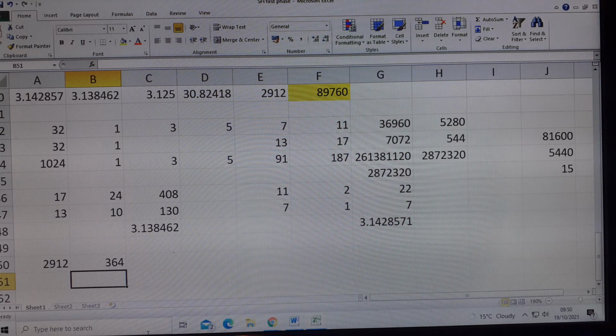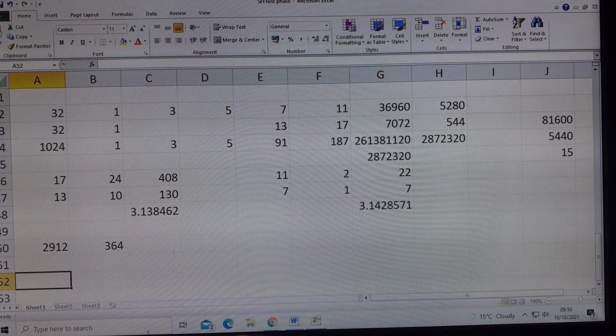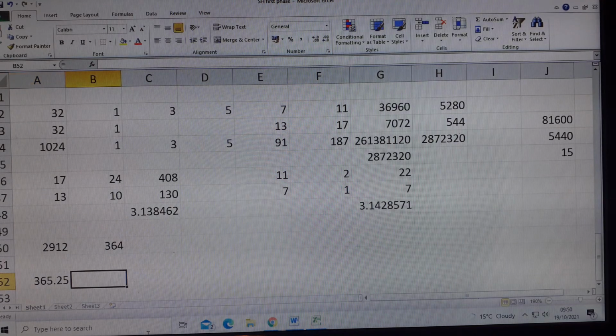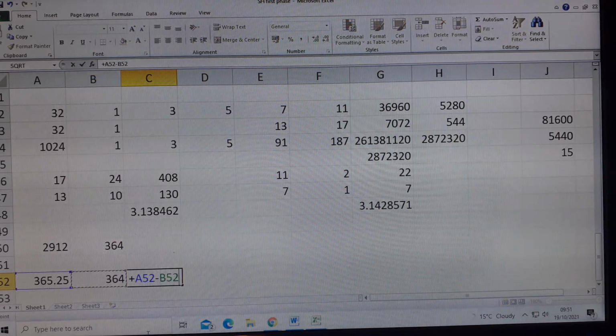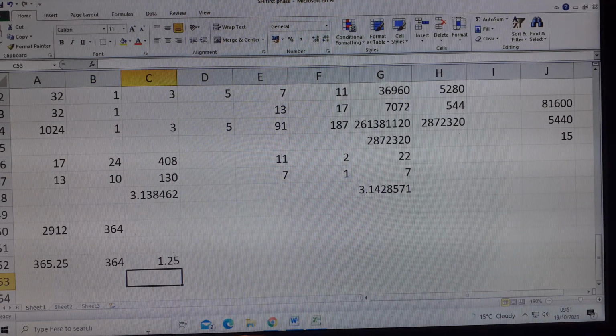And what are they doing at Stonehenge? They're counting 365.25 every year. And that is the solstice year. And it's the midsummer sunset, midwinter sunrise year. 365.25 days. And 364 is 1.25 days less.